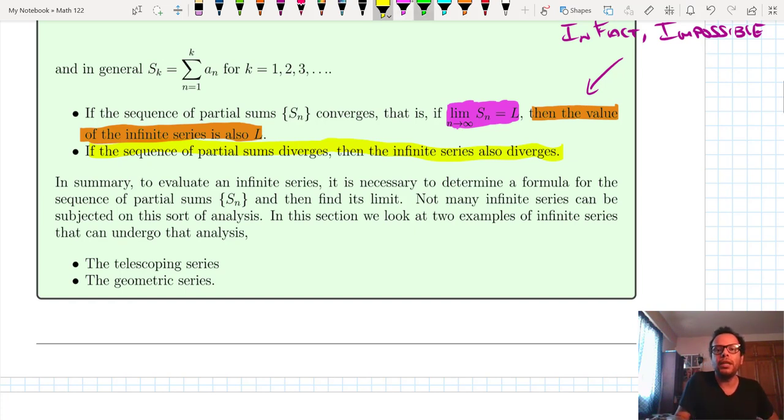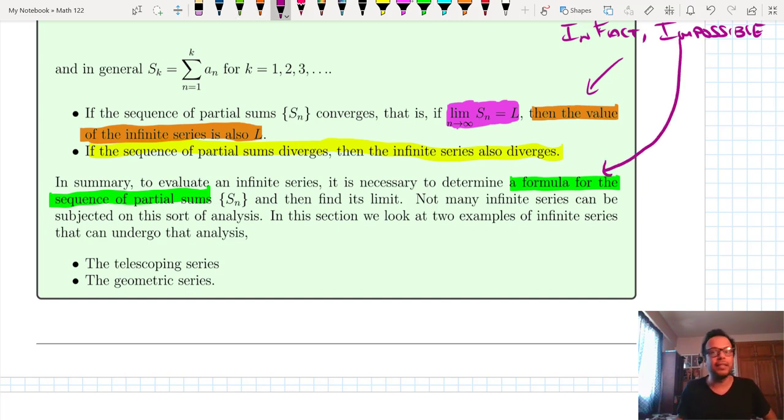Number one, we need a formula for the sequence of partial sums, which again is not necessarily easy. In some cases it could be really hard or even impossible. And then we need to find the limit of that sequence.